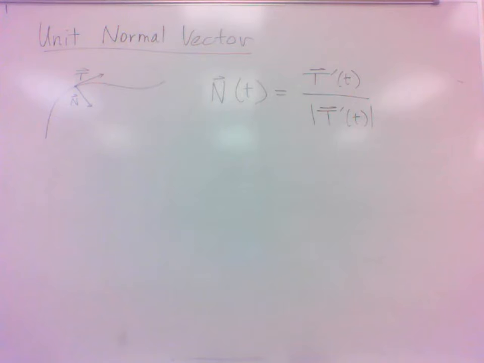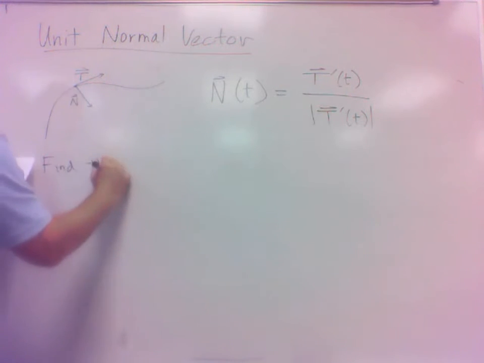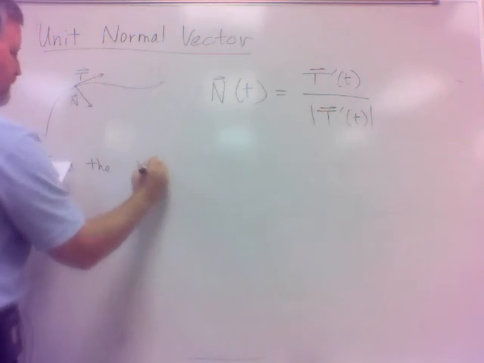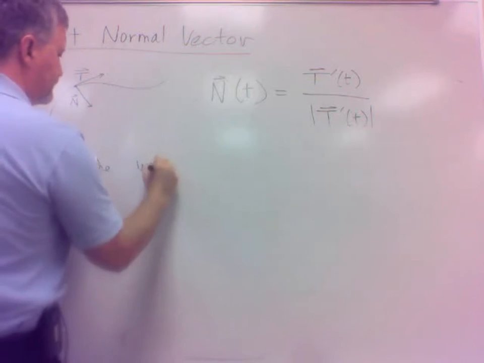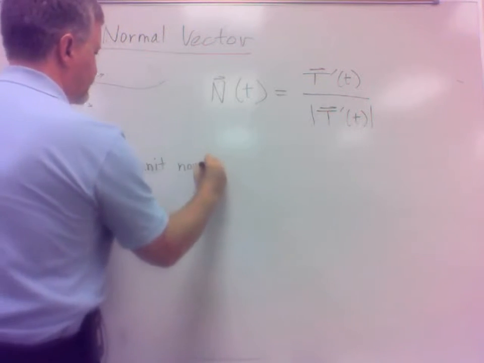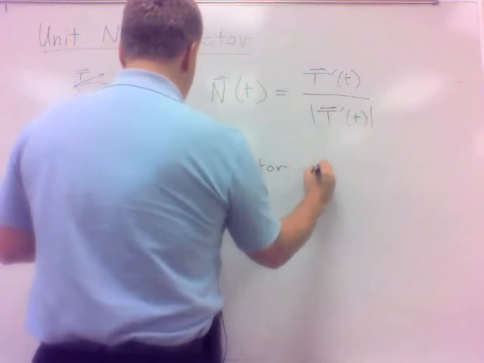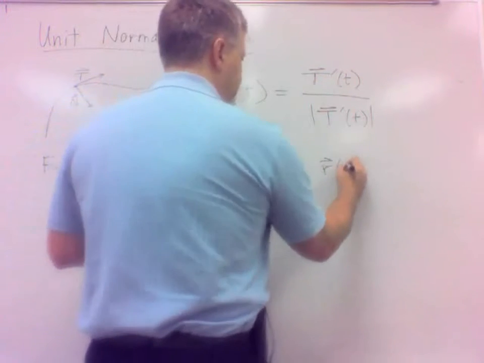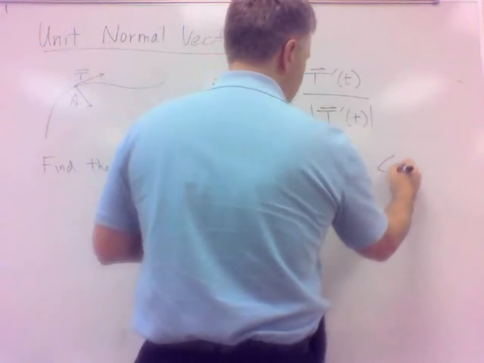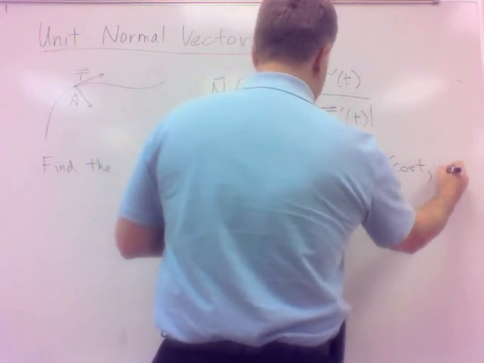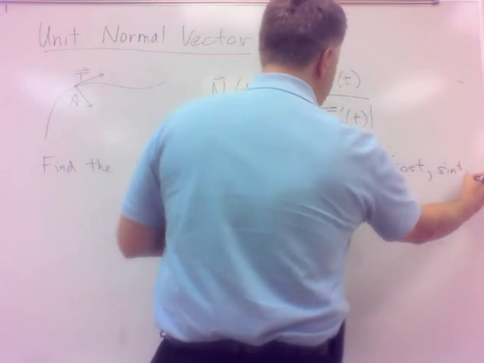All right, so let's do our helix here. Find the unit normal vector for our helix vector: cosine t, sine t, t.